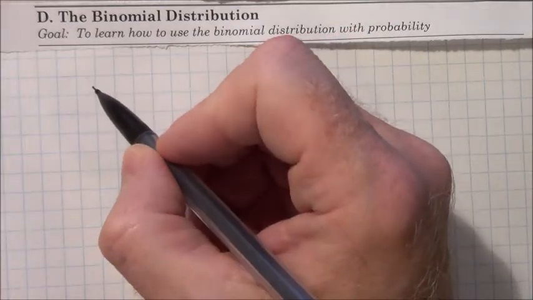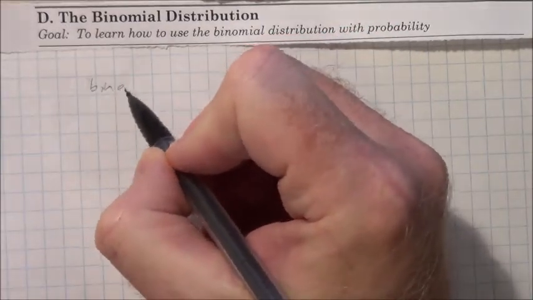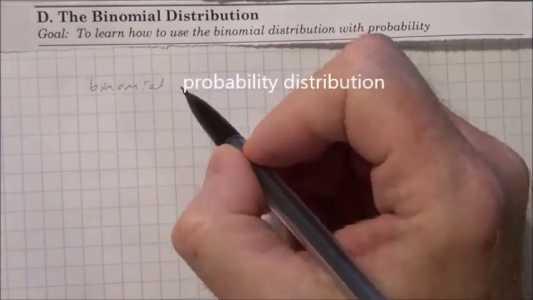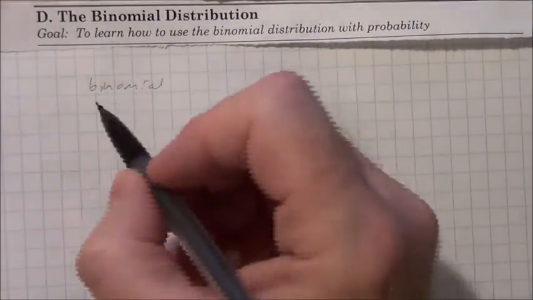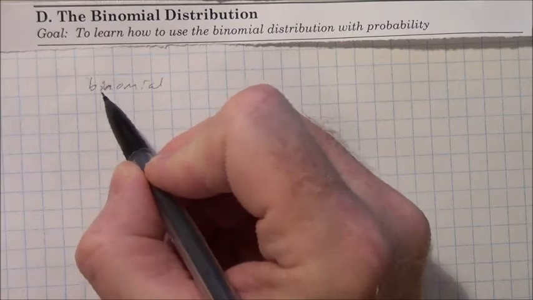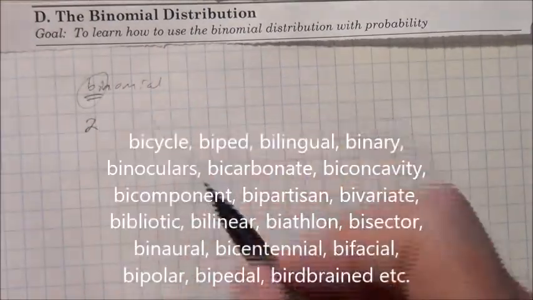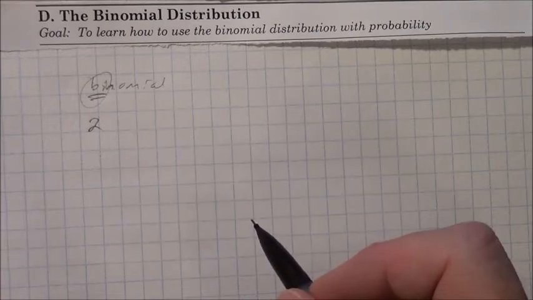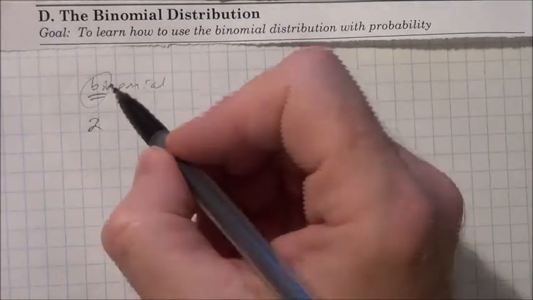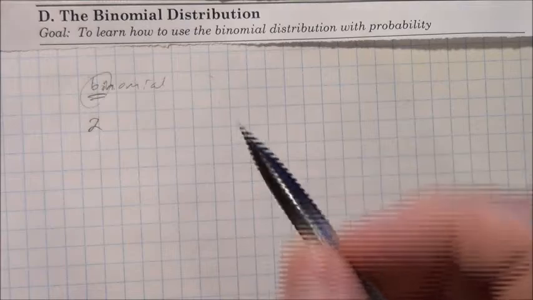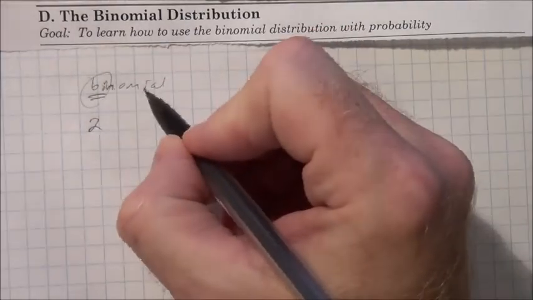associated with the binomial probability distribution. And the key to the binomial is this word bi, meaning two. And the idea of this is there are only two possible outcomes.